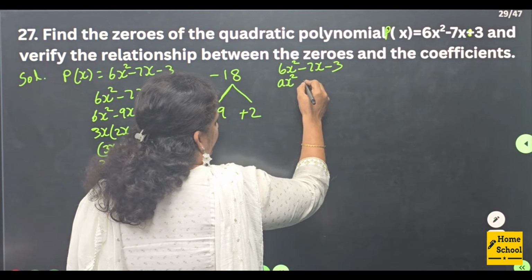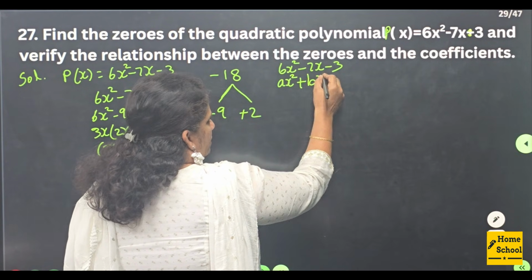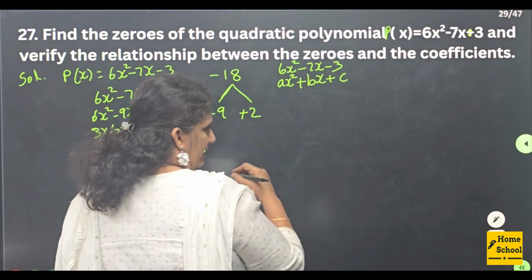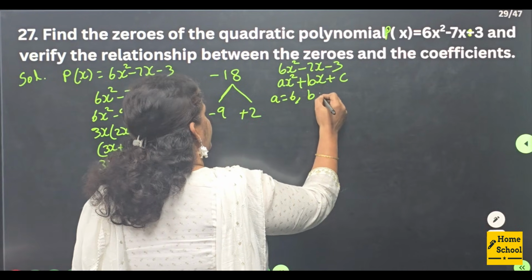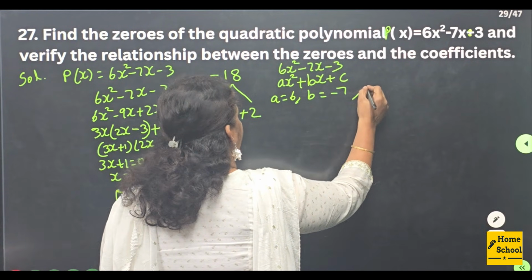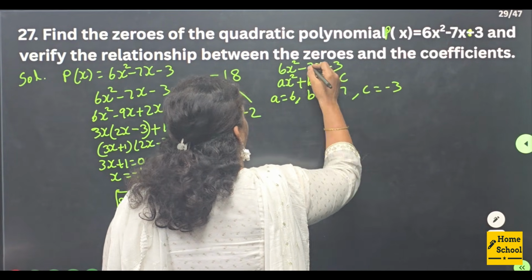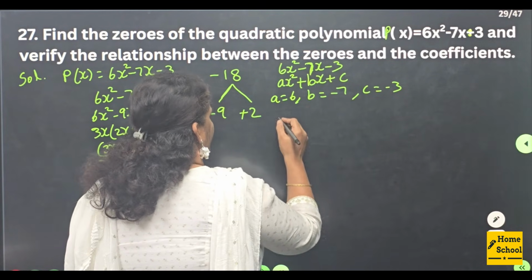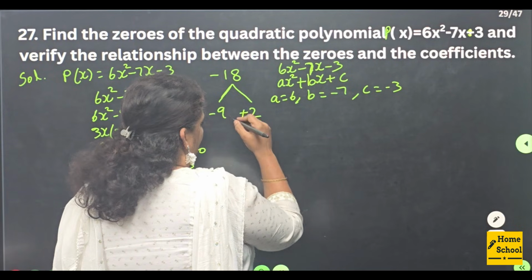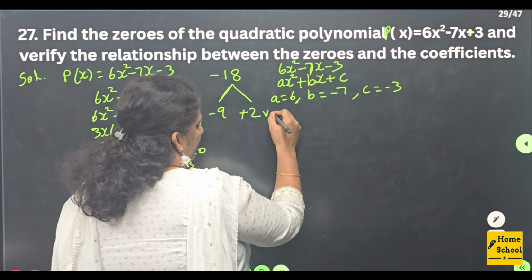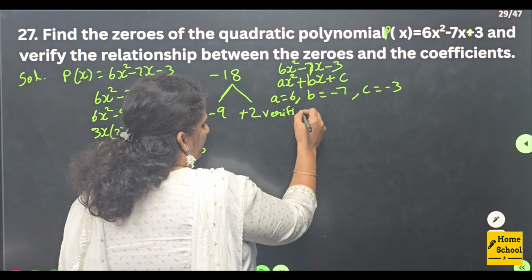Compare with the standard form ax square plus bx plus c. A is equal to 6. B is equal to minus 7. C is equal to minus 3. Right? Now, how do we verify? Verification.